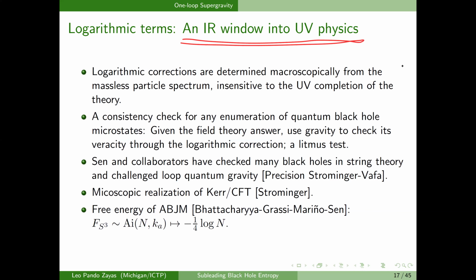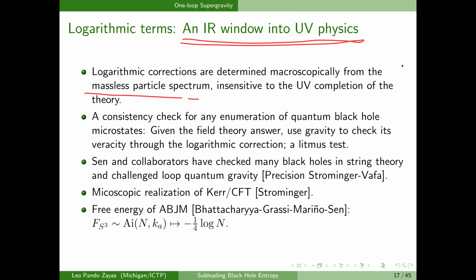All right, so they provide a consistency check for any enumeration of quantum black hole microstates. If the topologically twisted index on the field theory side is the UV complete theory and gives me this answer, that answer must be able to be reproduced from this low energy massless particle spectrum of supergravity, which we know, right?